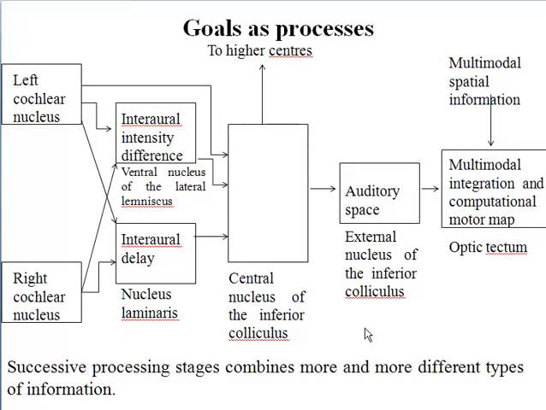So if I now look at how this all is put together, we get information from each cochlear nucleus, we get a calculation of interaural intensity difference here in this bit of the brain, the lateral lemniscus, we get interaural time difference in the nucleus laminaris, and the computation in the inferior colliculus gets combined to an auditory coordinate.